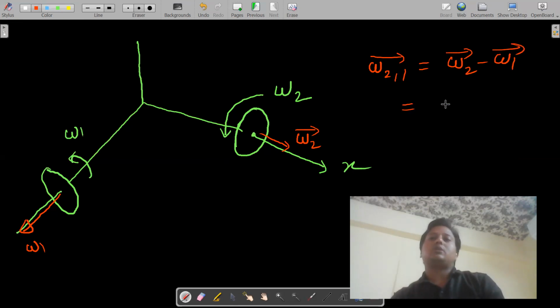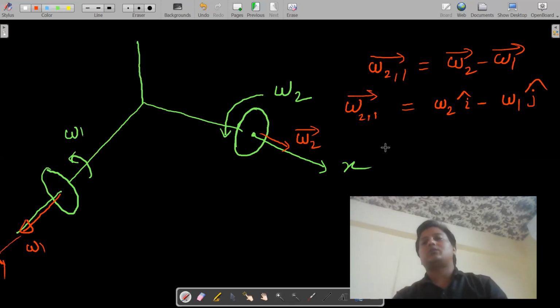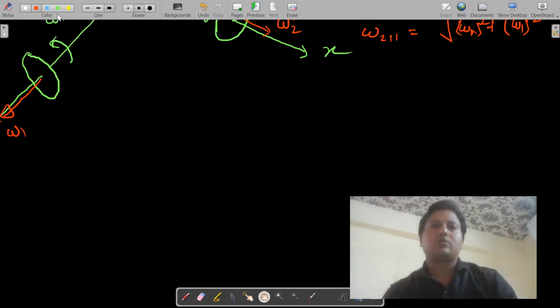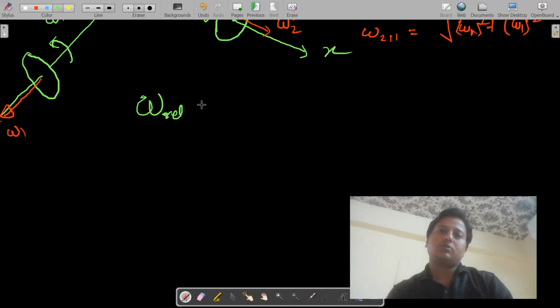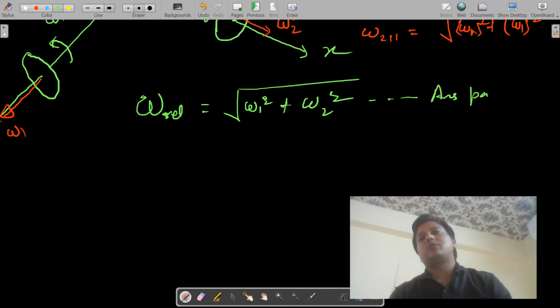So omega 2 is omega 2 i cap, minus omega 1, suppose this is the y-axis, then this will be omega 1 j cap. So this is the relative angular velocity. What is the magnitude? The magnitude will be under root omega 2 square plus omega 1 square. So the relative omega comes out to be under root omega 1 square plus omega 2 square. This is the answer for part 1.